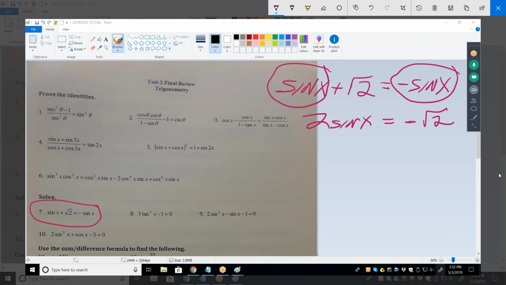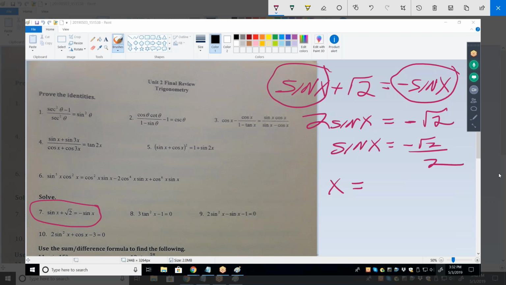Now, the first thing I have to solve for is the sine of x before I can solve for x. So what's the sine of x equal to? Negative root 2 over 2. Okay. Which makes x what? What angle? In other words, x is an angle.